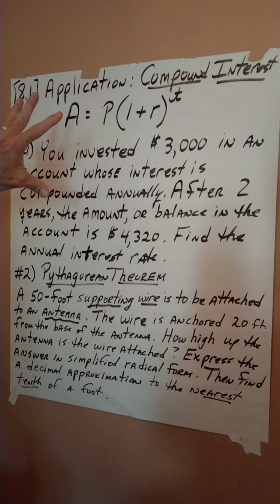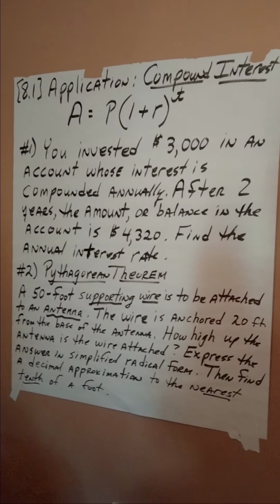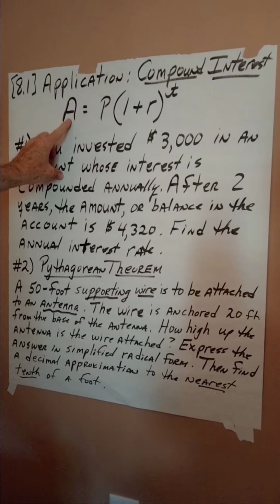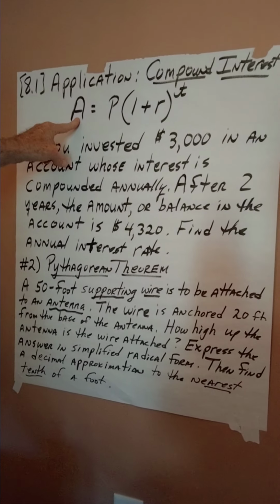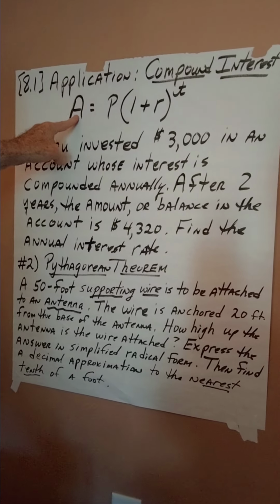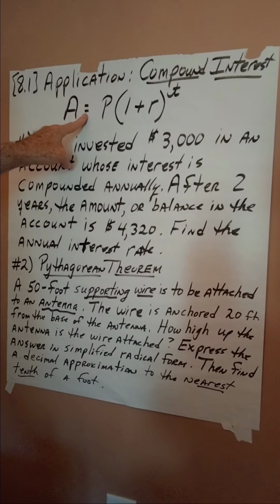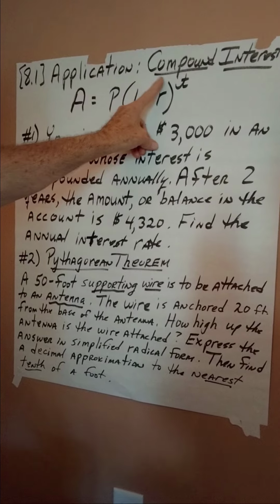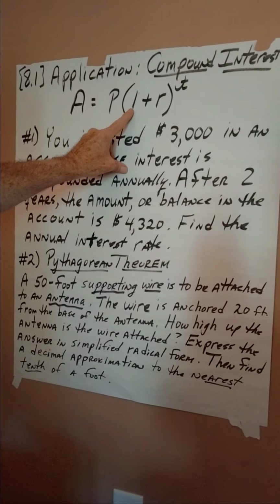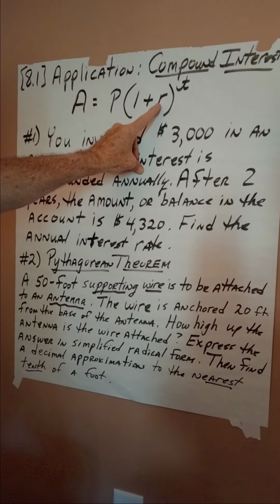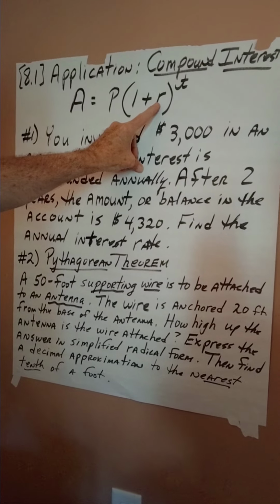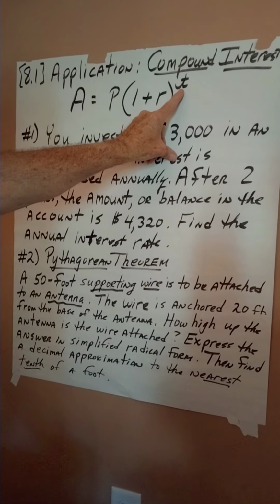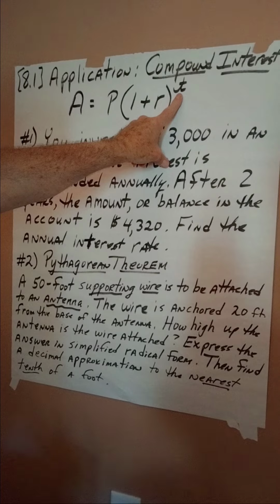And the formula for compound interest is A for amount. Amount is equal to the principal multiplied by the quantity of 1 plus rate taken to the exponent value of time.